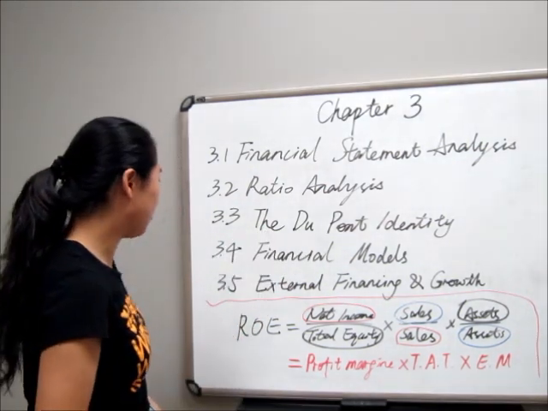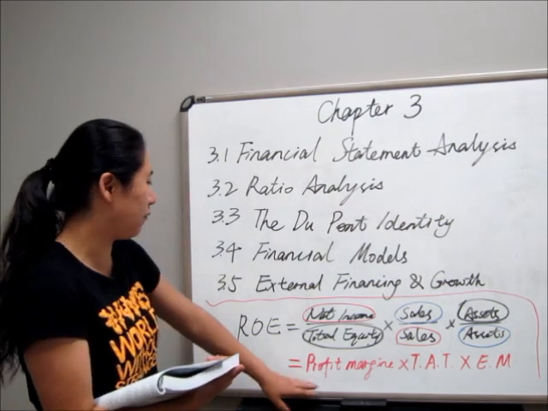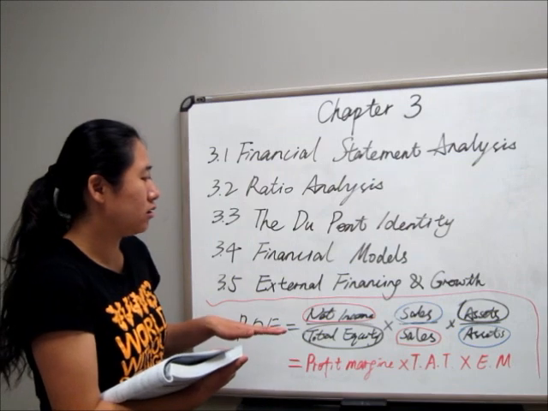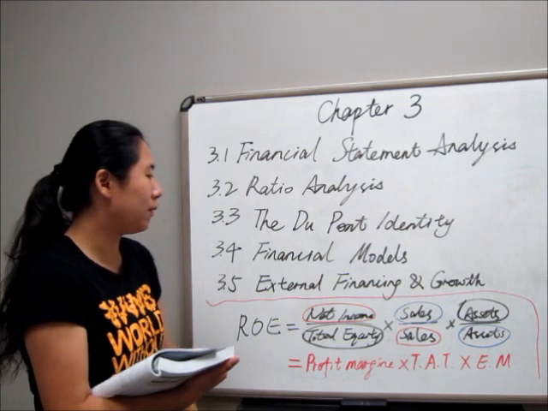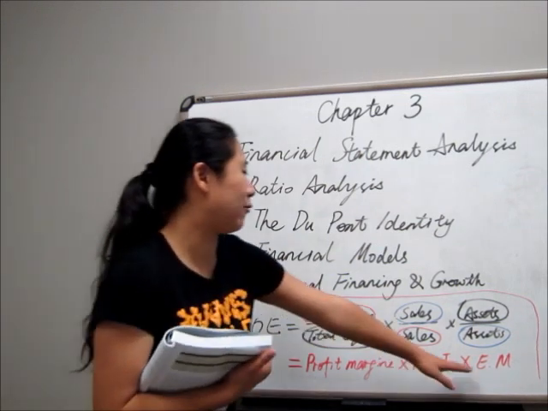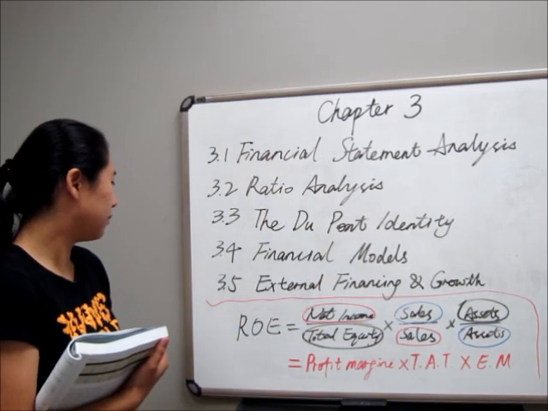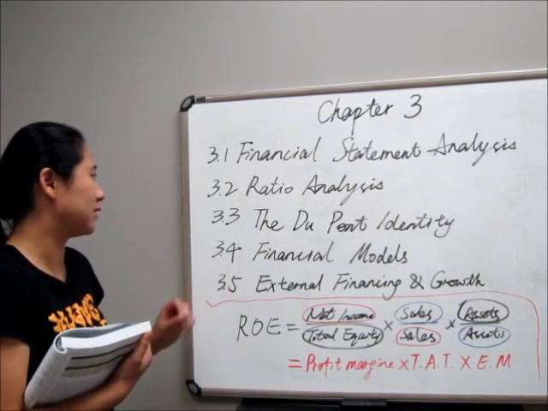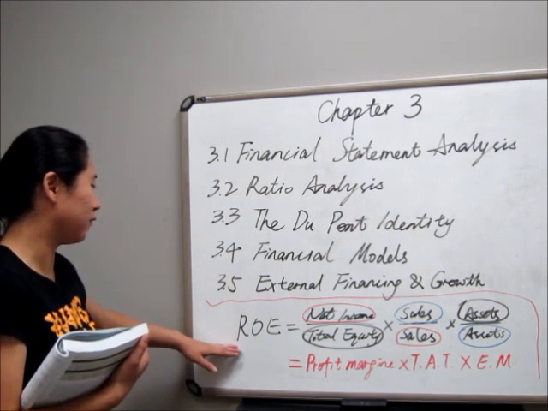The first is the operating efficiency of the company, which is the profit margin, and the second is asset use efficiency, which is the total assets turnover, and the last one is financial leverage, which is the equity multiplier. So this is a good example to show us how to use these ratios to analyze the specific return on equity.